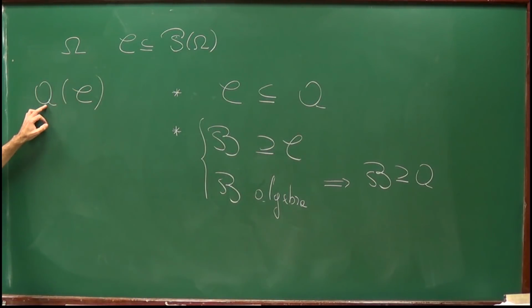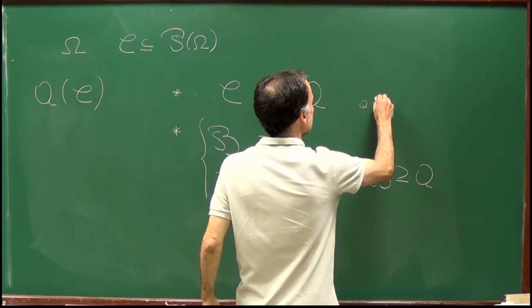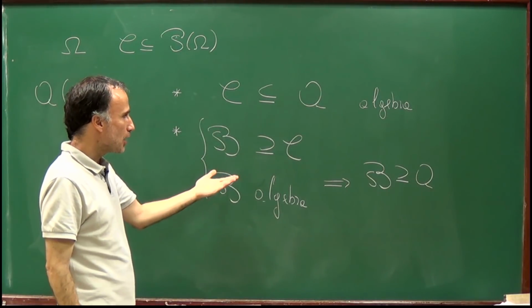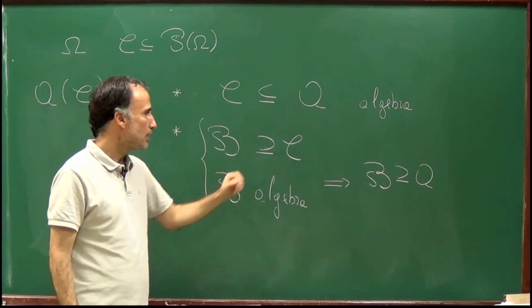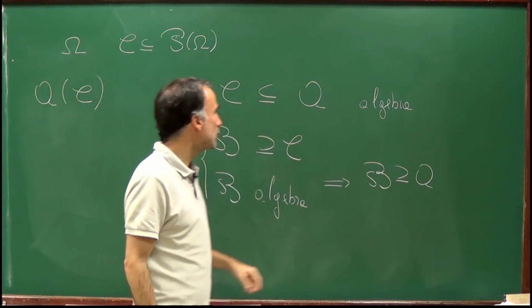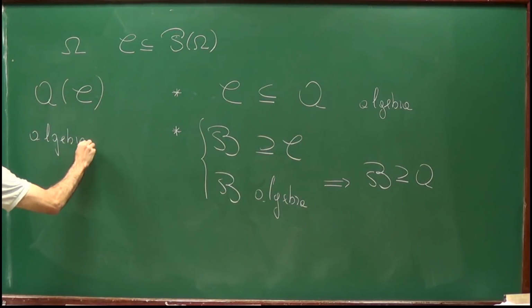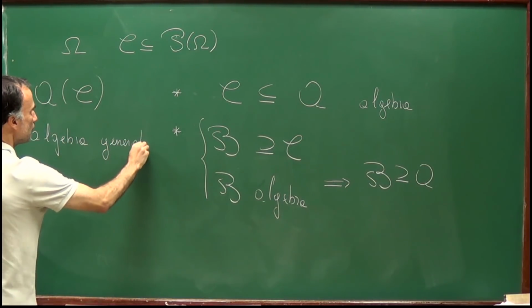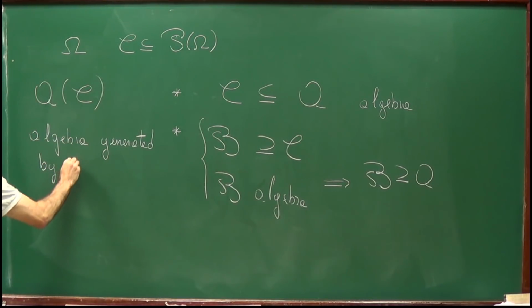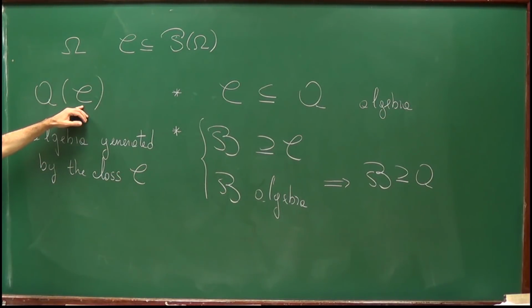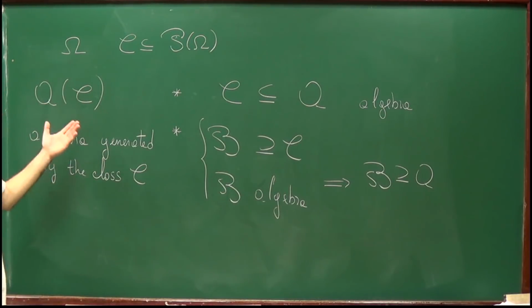So the algebra generated by the set C is an algebra which contains the set C, and it's the smallest algebra which contains C, because if any algebra contains C, it must contain A. So what we will call the algebra generated by the class C is the smallest algebra which contains the class C. And what I need to show is that such an algebra exists.